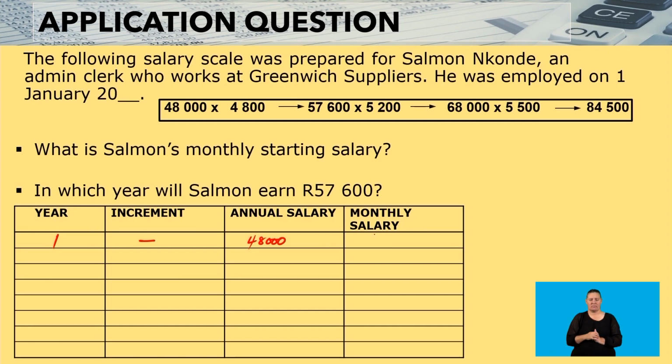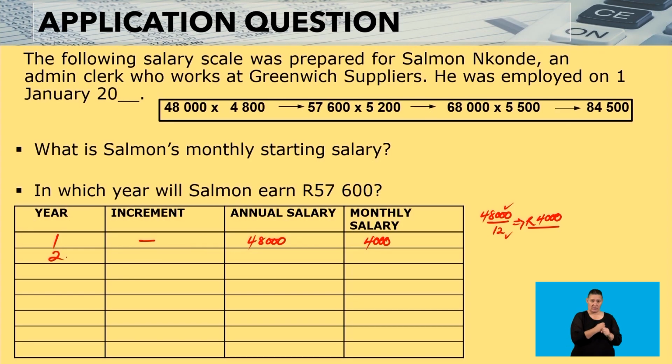To get his monthly salary, we divide 48,000 by 12. Punch that in your calculator. How much do you get? All right, thank you, 4,000. So my monthly salary becomes 4,000.